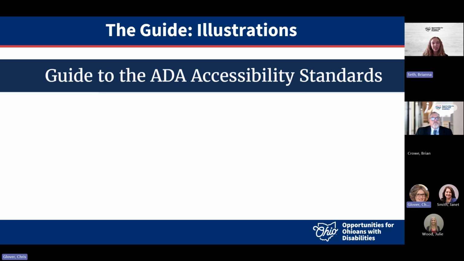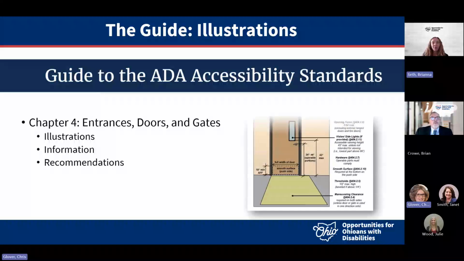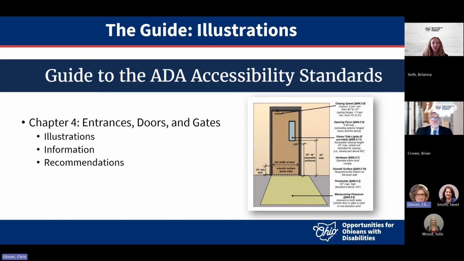So let's explore this. In the guide, Chapter 4 on entrances, doors, and gates contains illustrations, information, and recommendations. Let's consider an illustration provided in this chapter. The PowerPoint slide displays an illustration of a door with details about closing speed, opening force, hardware, thresholds, and more.